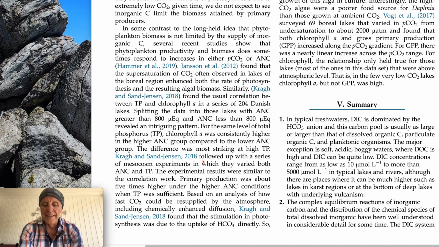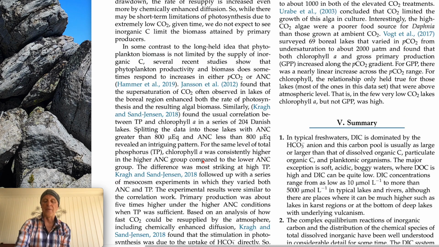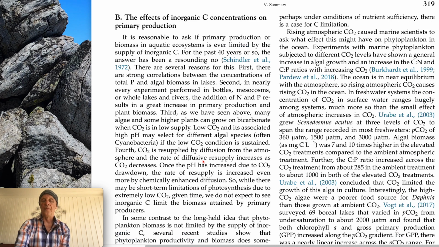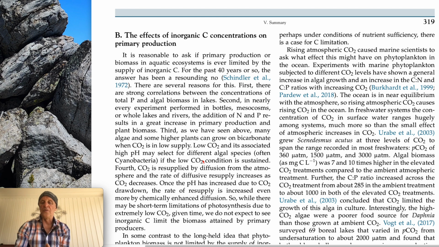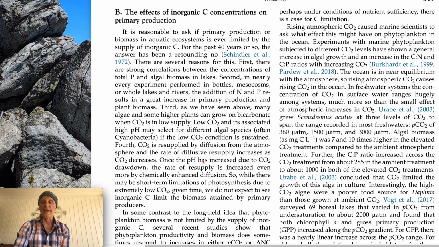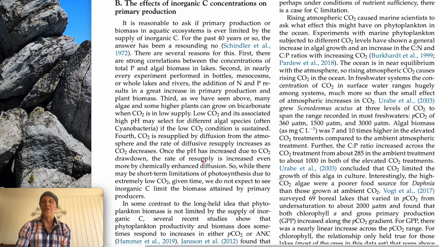Based on an analysis of how fast CO2 could be resupplied by the atmosphere, including chemically enhanced diffusion, Cragg found that the stimulation in photosynthesis was due to the uptake of bicarbonate directly. So, perhaps under conditions of nutrient sufficiency, there is a case for carbon limitation.